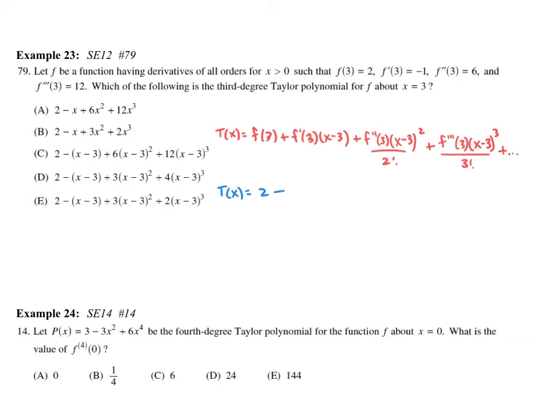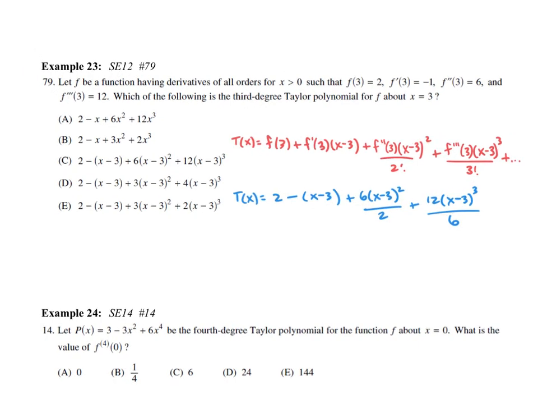The first derivative is a -1, so negative (x minus 3), plus the second derivative is 6 times (x minus 3) squared divided by 2 factorial, plus 12 for the last one, times (x minus 3) to the third, divided by 3 factorial, which is 6. So if we just simplify down the 6 divided by 2 and the 12 divided by 6 in order to get our final answer, we end up getting option E.